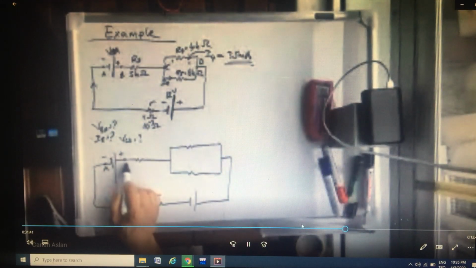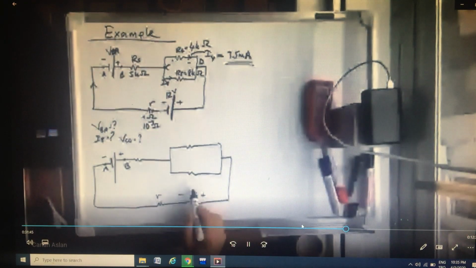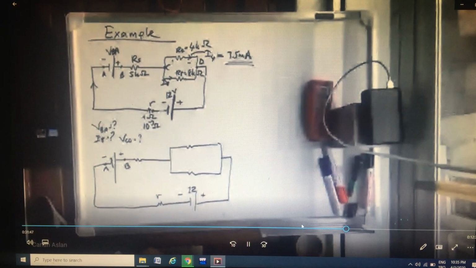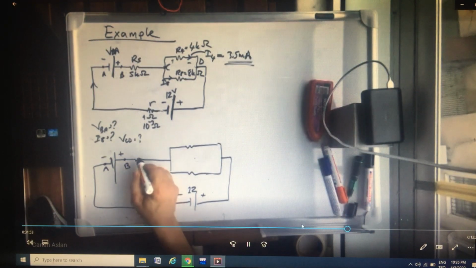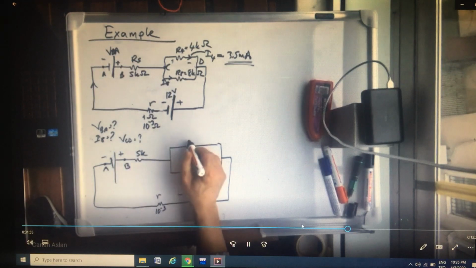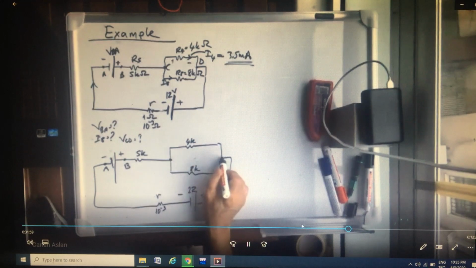So arbitrarily, we pick some kind of directions and then we do the calculations. If you get a minus sign, it means that it's in the reverse direction. So now I put the values here, 10 to the minus 3 there, and this is 5K, and this is 4K, this is 8K. As you see, this is cleaner now.